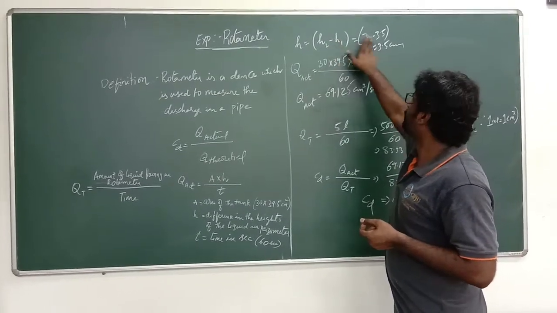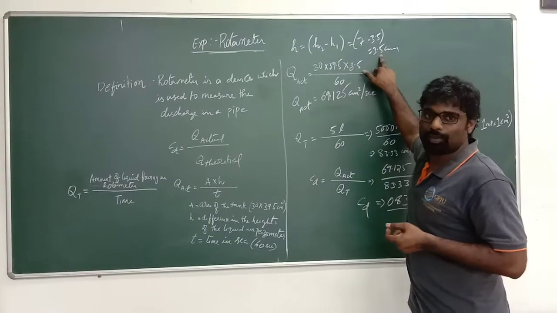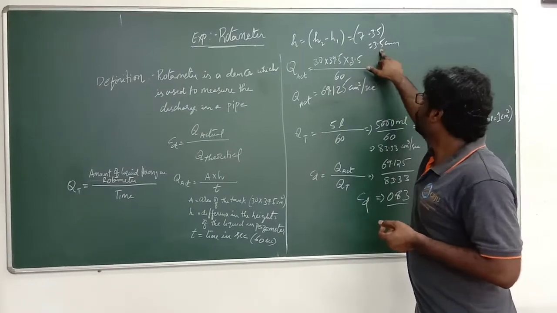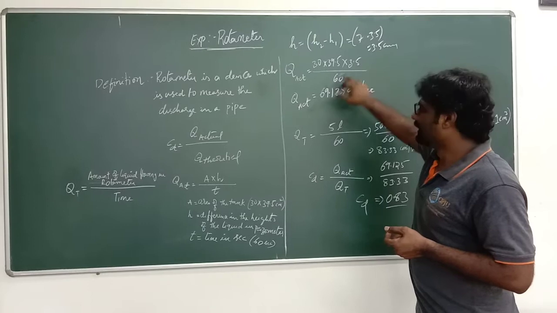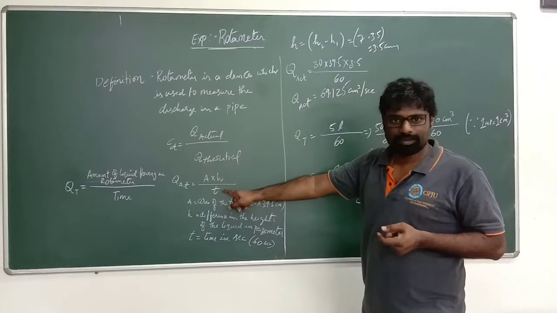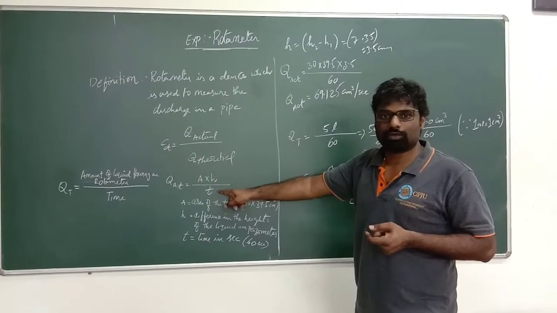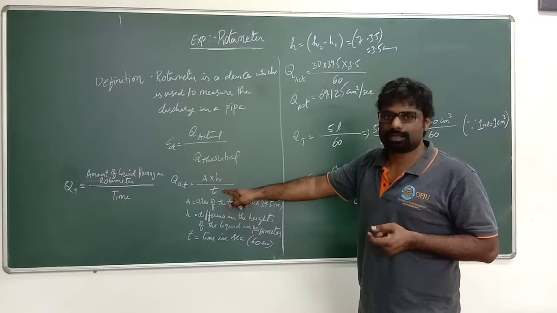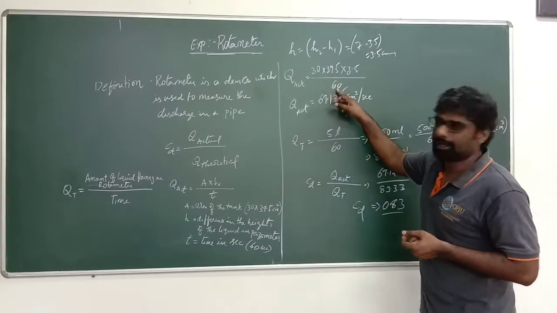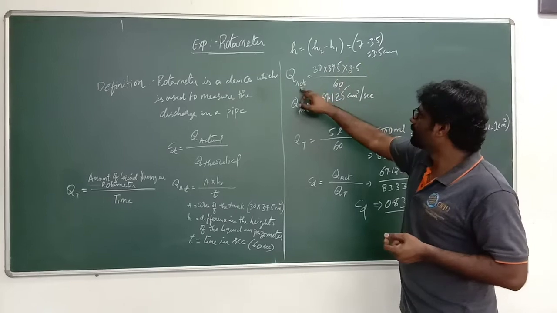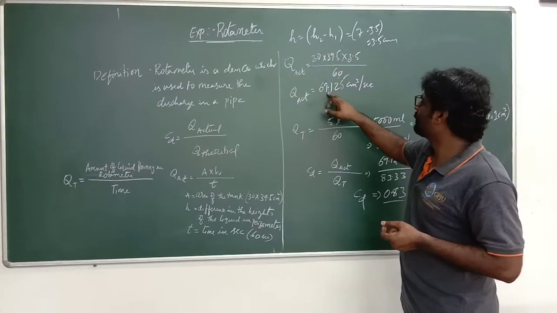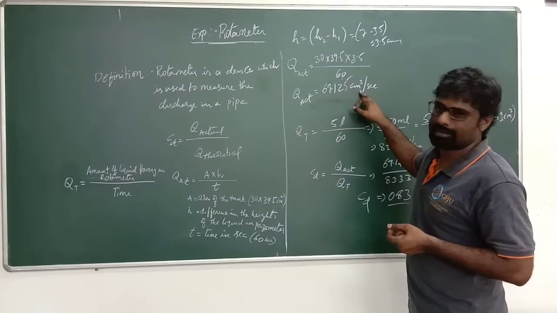The difference gives the h value, that is 3.5 centimeters. We substituted those values here, and t is the time in seconds. We allowed the water to flow into the collecting tank for 60 seconds. By substituting all those, we got the Q actual, that is 69.125 centimeter cube per second.